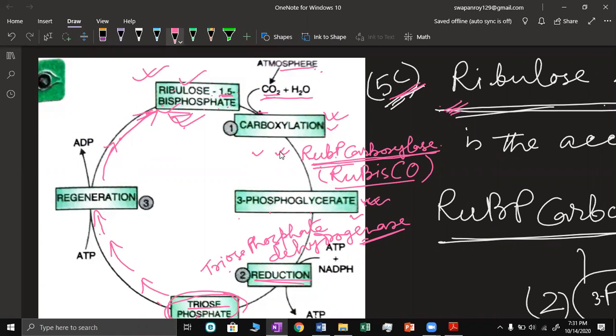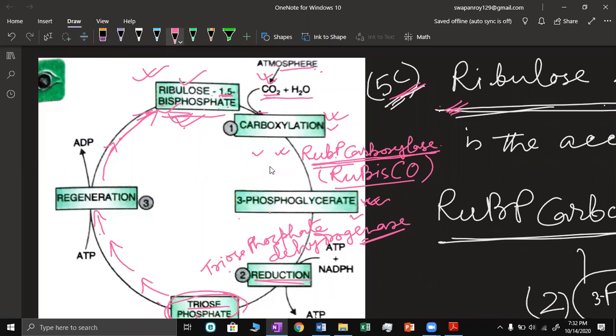So we can say in the process of this dark reaction that ribulose bisphosphate is not spent. It has become a compound, a medium through which the carbon dioxide is incorporated and it forms the carbohydrate.